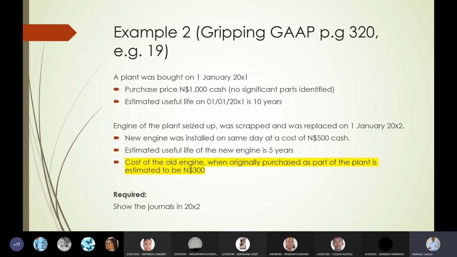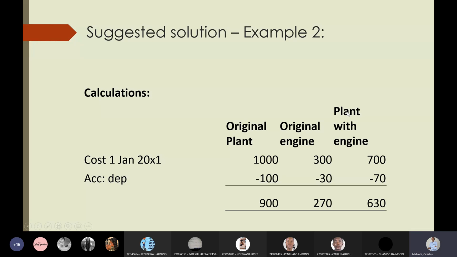How would you do this? What would you do? Let us concentrate on the first part without looking at the engine.